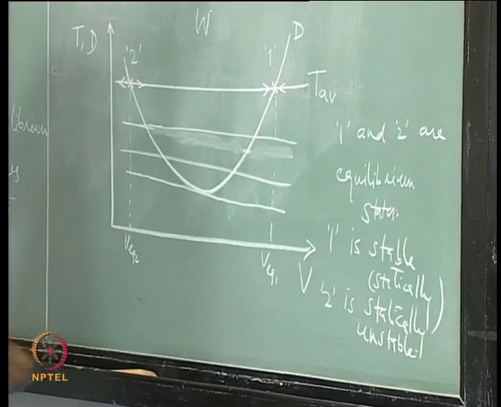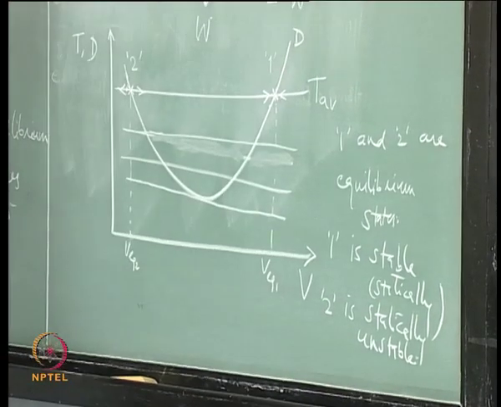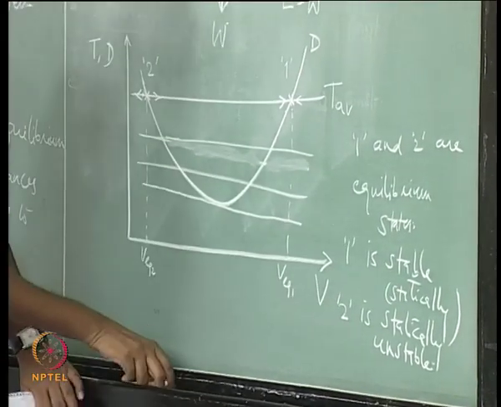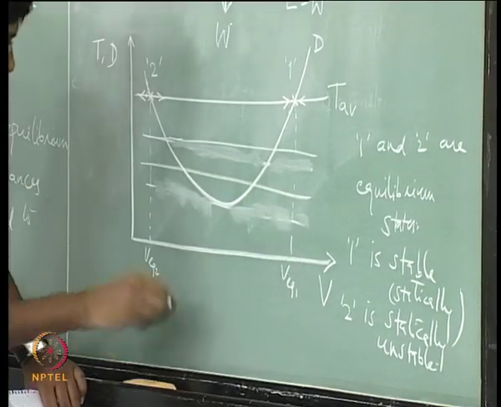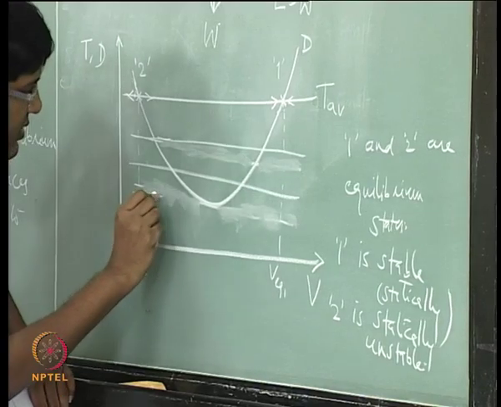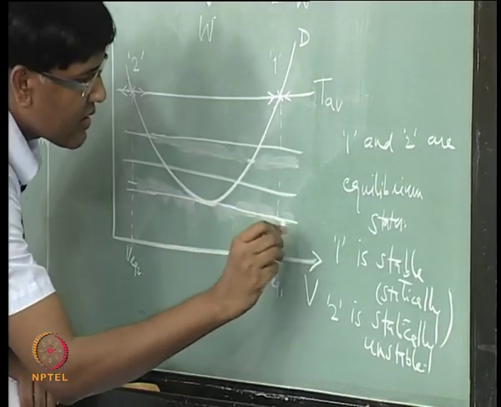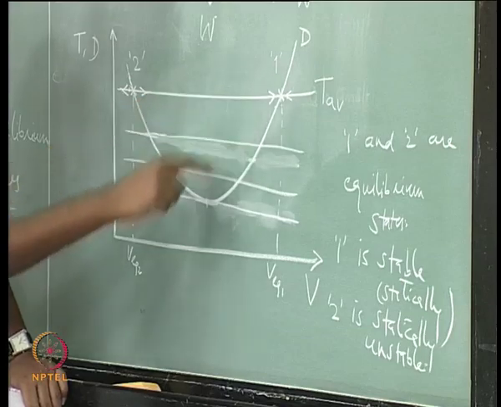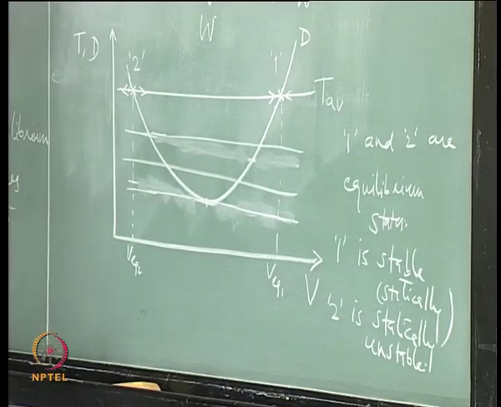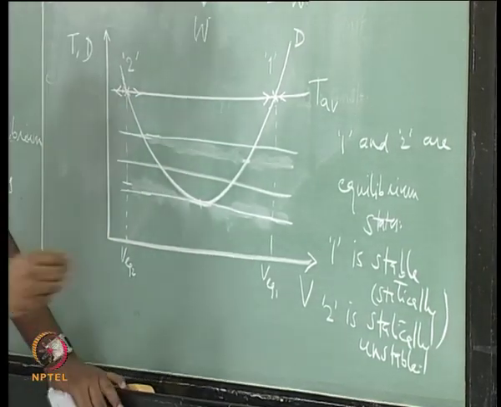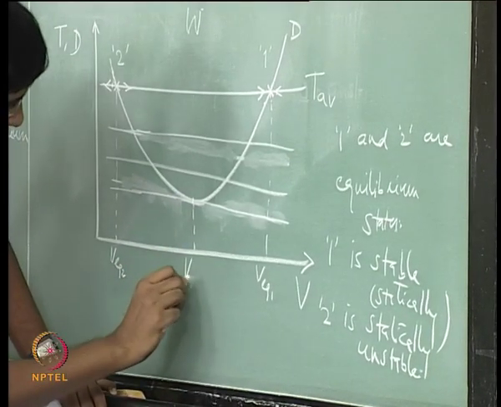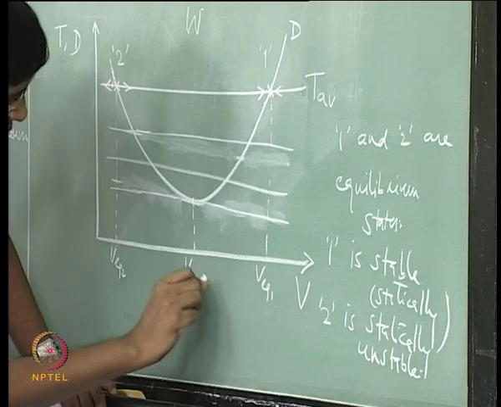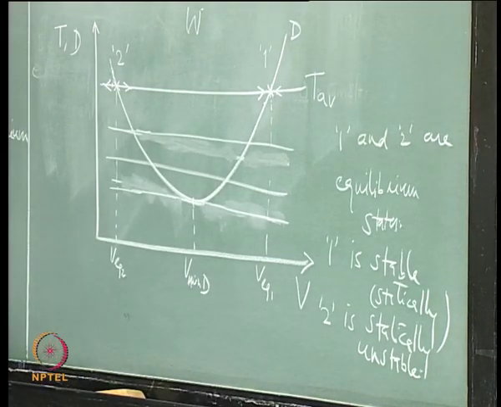So, let us try to change the thrust available. We see that there is one thrust condition which is resulting in a single equilibrium state, and that is associated with the velocity which is resulting in the minimum drag.